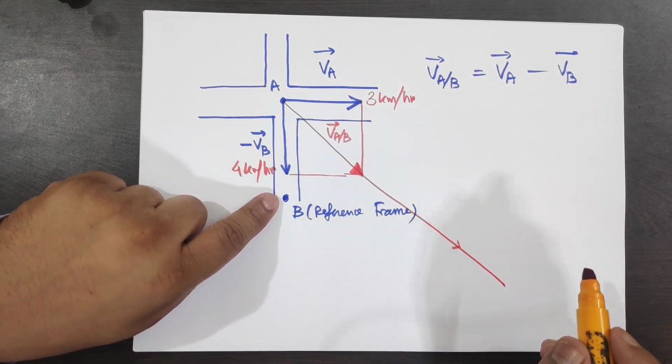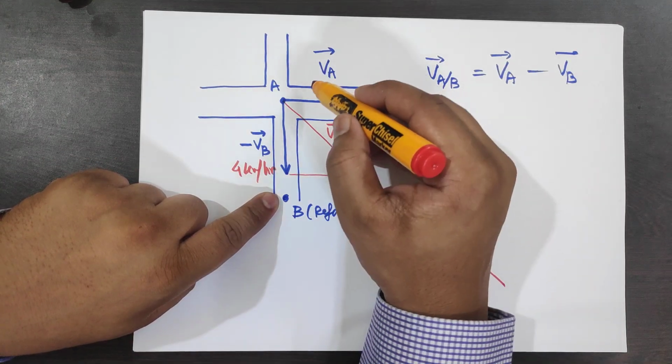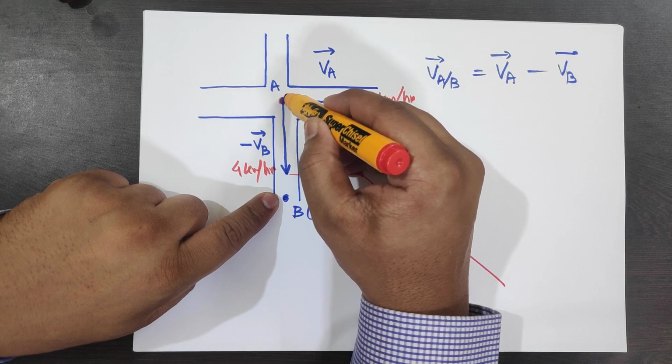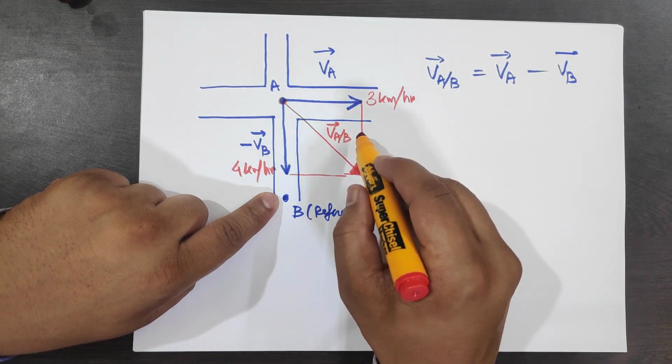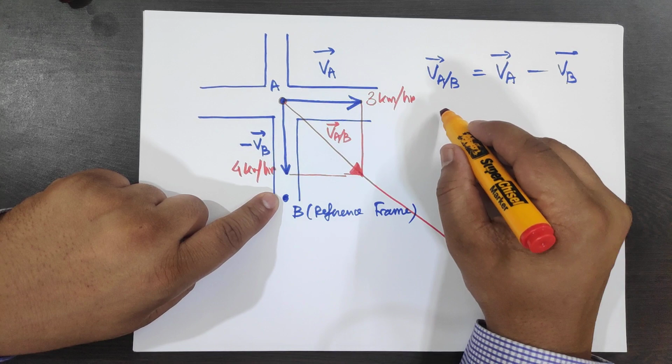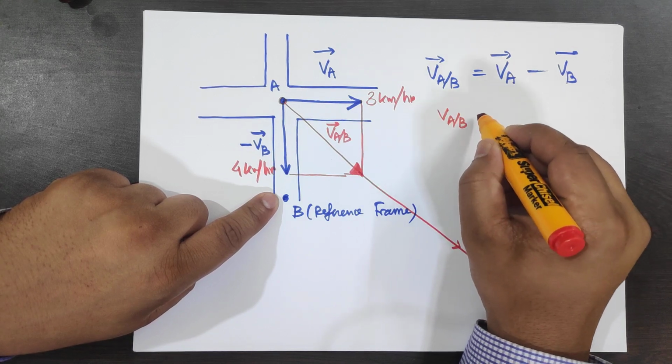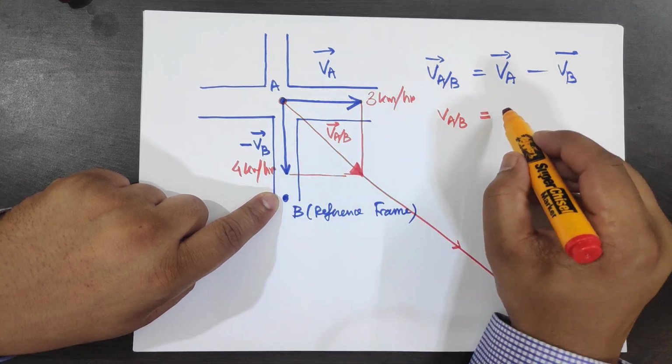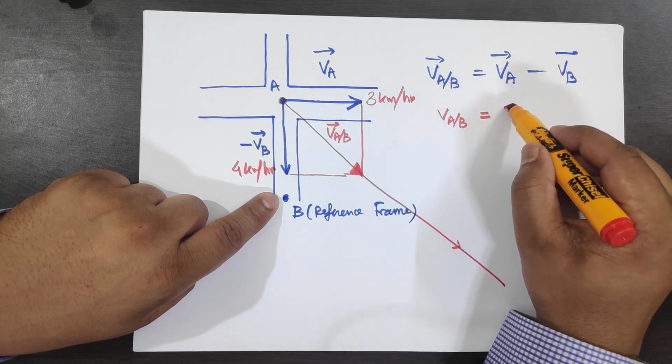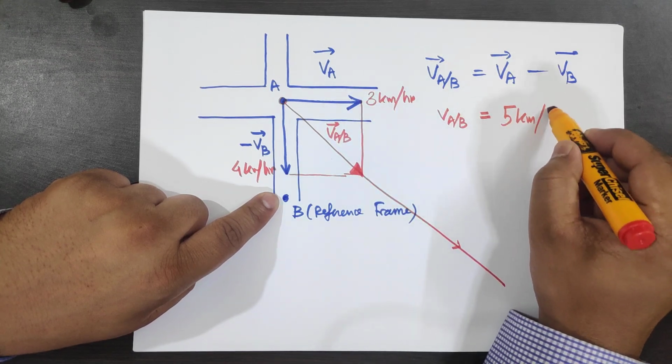So with respect to B, A will travel in such a path and with a velocity of how much? What is the magnitude of VA with respect to B? It's root over 3 square plus 4 square, that is 5 kilometer per hour.